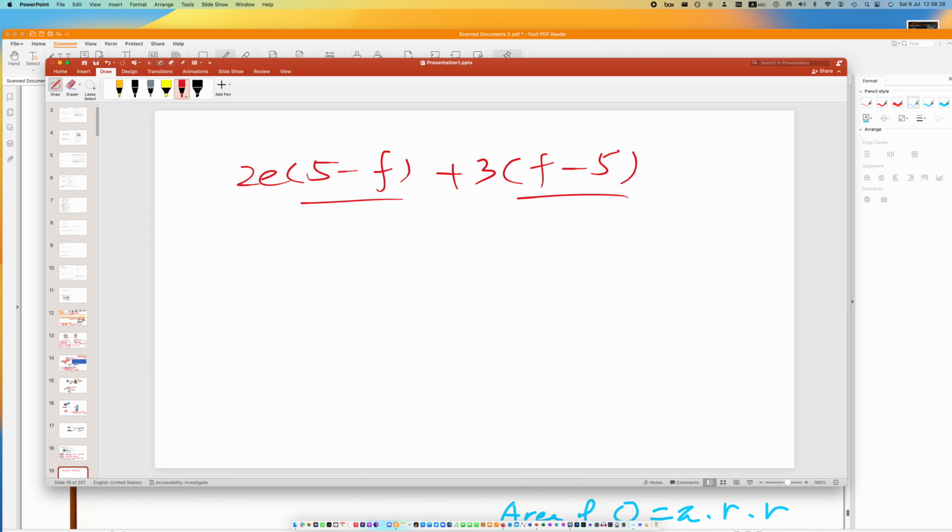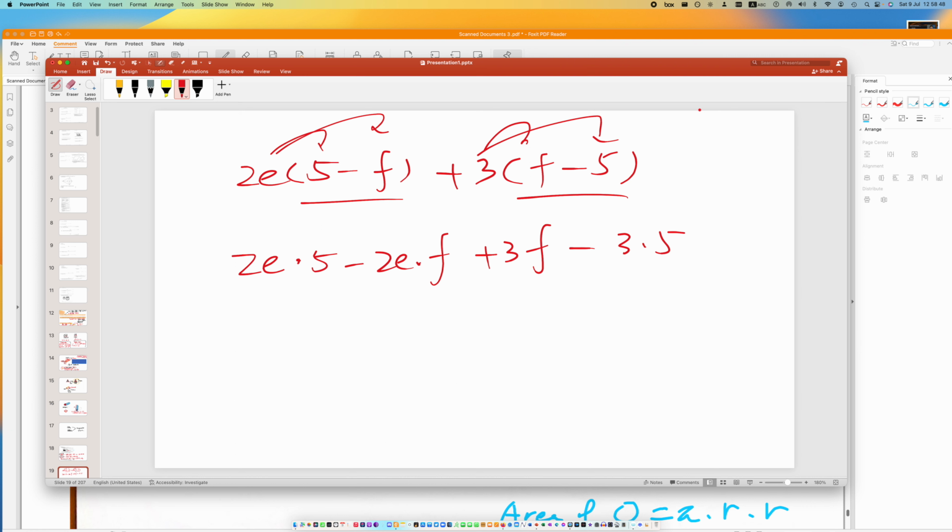How? Expand. Do you know why you need to expand first? Do you know why? No. You expand it so that what has changed just now?